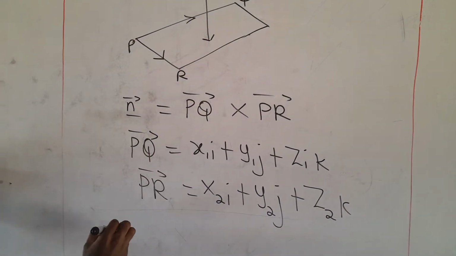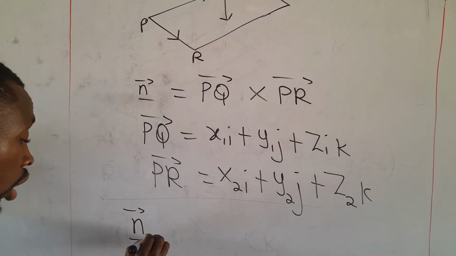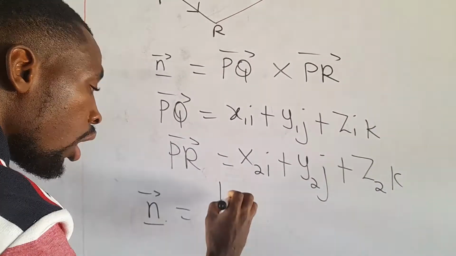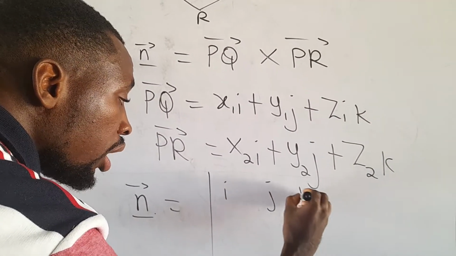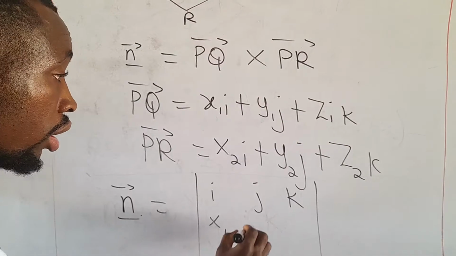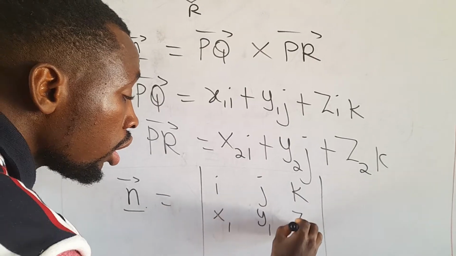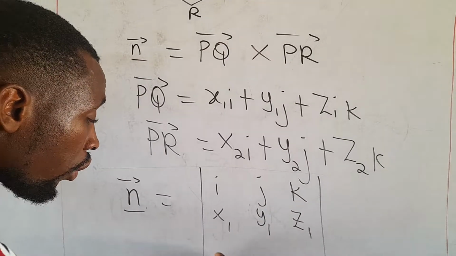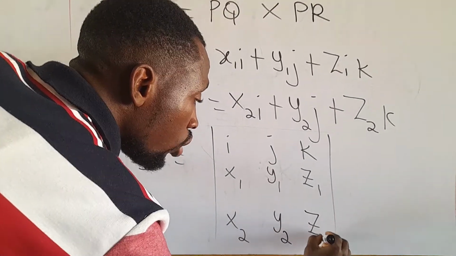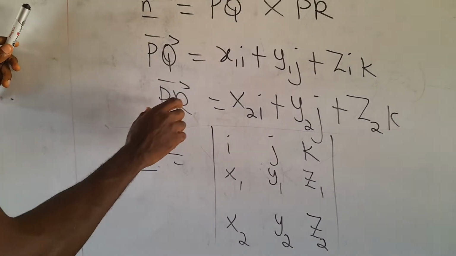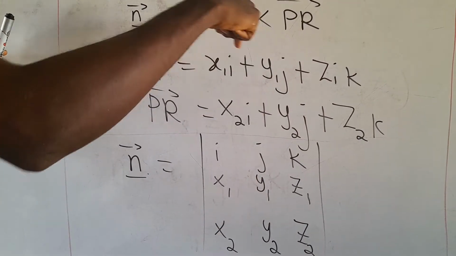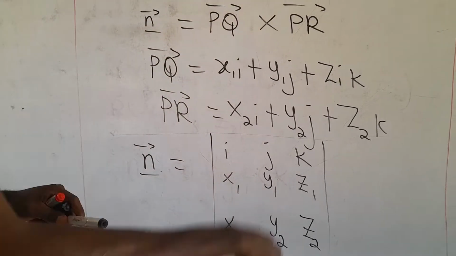Then the cross product will be just the determinant of that: i, j, k, then x1, y1, z1, then x2, y2, z2. When we find the cross product of these directional vectors, that will become the normal vector of the plane.